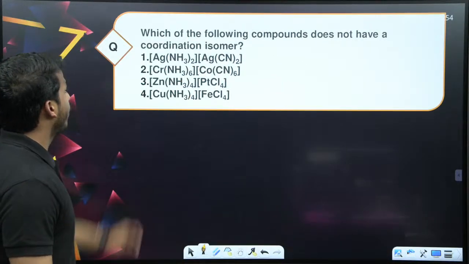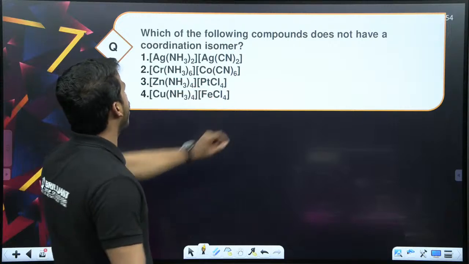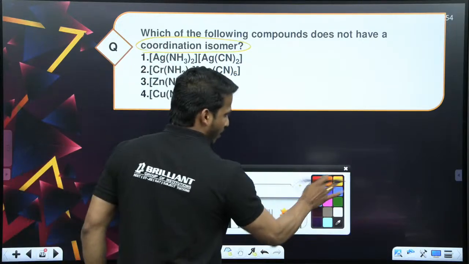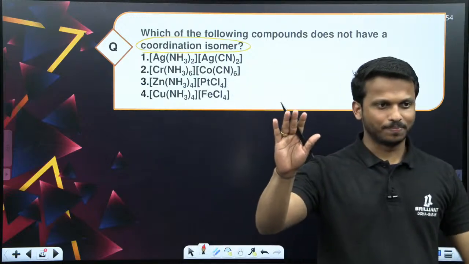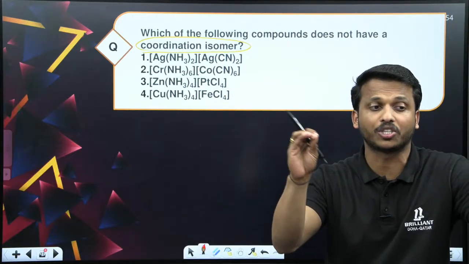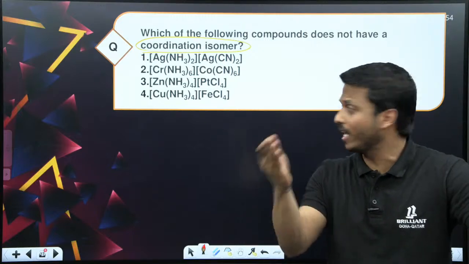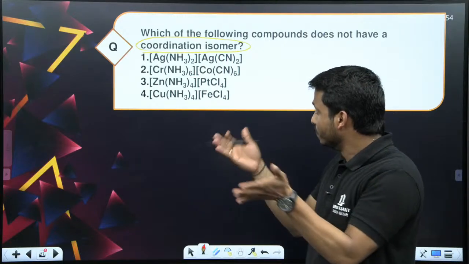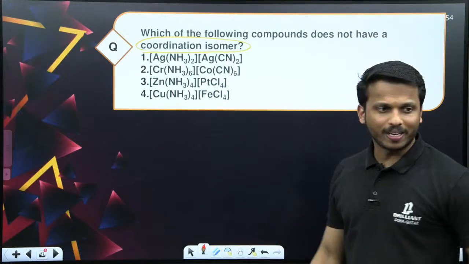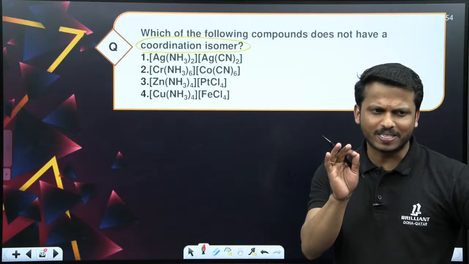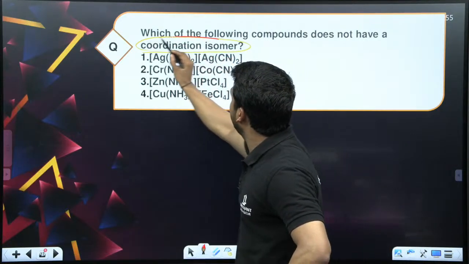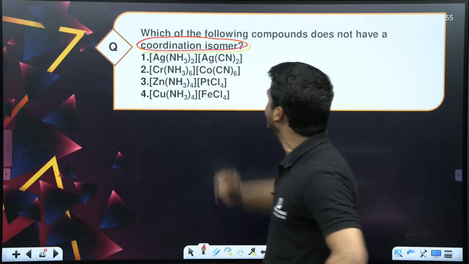Okay, next one. Which of the following compounds does not have coordination isomerism? Good question, don't make a mistake. You know what coordination isomerism is? The ligands are interchanging. Which one cannot show it? It's a very simple question, but we should be careful.